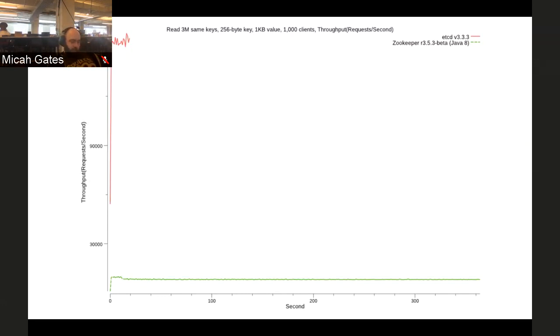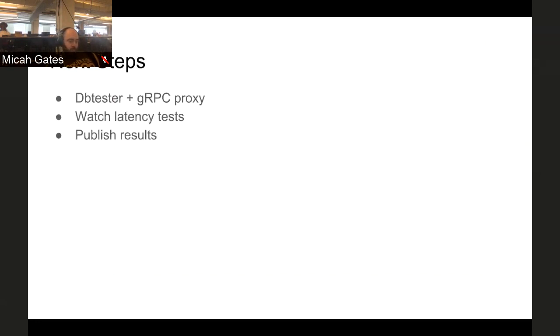But yeah, our next steps include testing different topologies with greater number of nodes across greater number of zones, and then adding in tests to DB tester for watch update latency, and not only watch update latency against the cluster itself, but also against the zone local gRPC proxies.